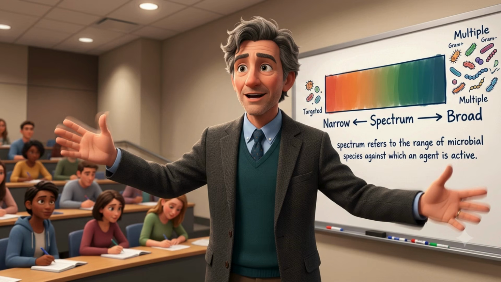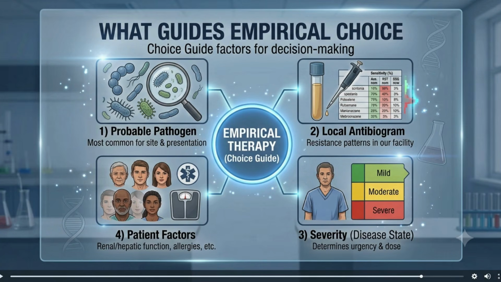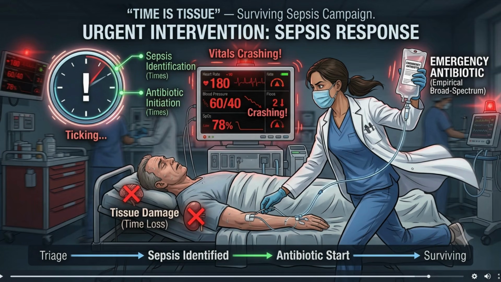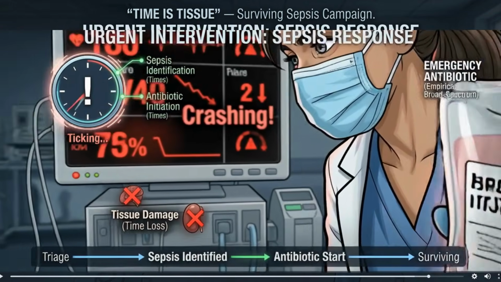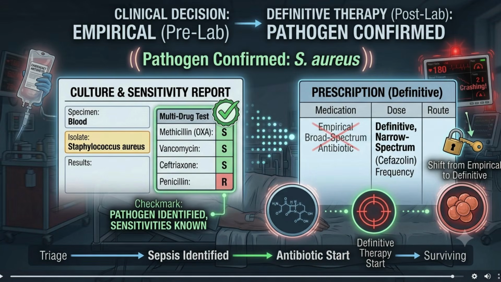Empirical therapy is initiated based on clinical judgment before the causative organism is identified, guided by most probable pathogens for that site of infection, local antibiogram or hospital resistance surveillance data, severity of illness, where sepsis mandates immediate broad coverage, time is tissue, as in the Surviving Sepsis Campaign guidelines, and patient-specific factors: immune status, recent antibiotic exposure, comorbidities, allergies.